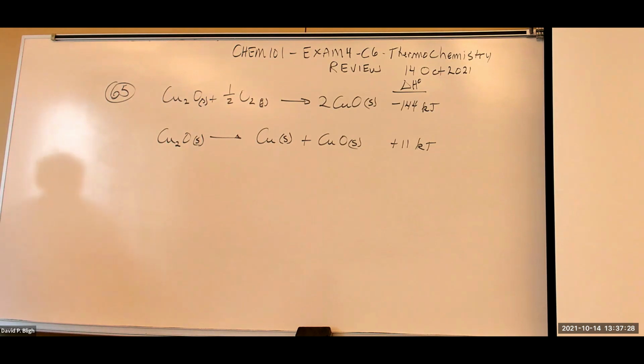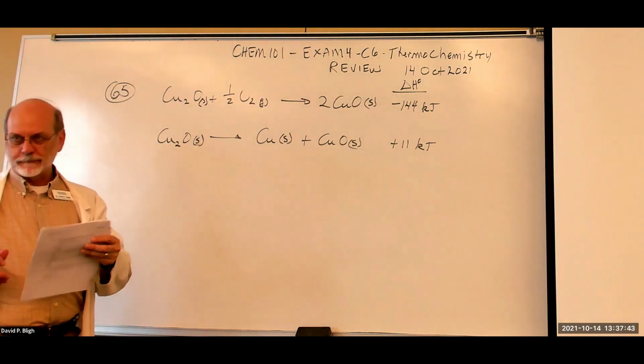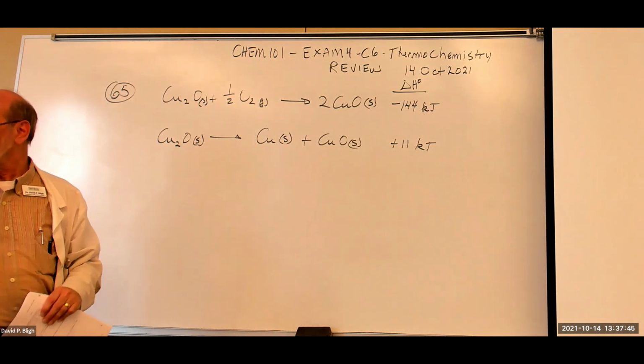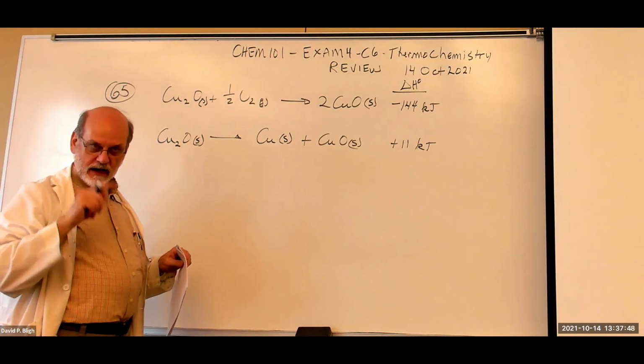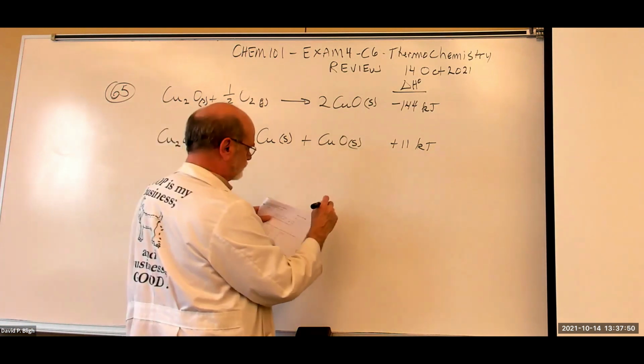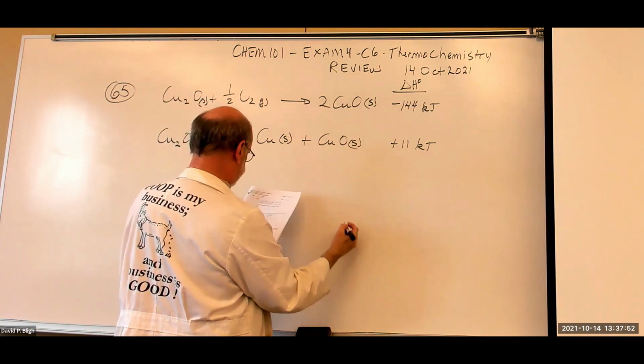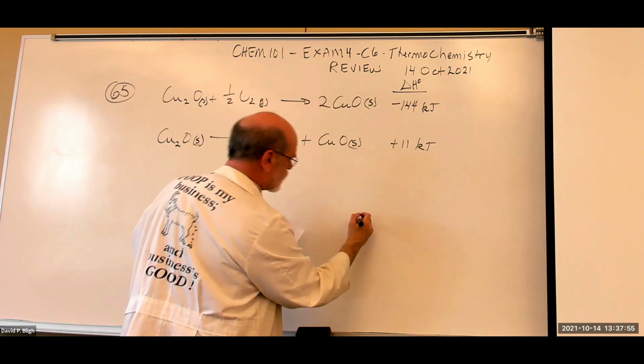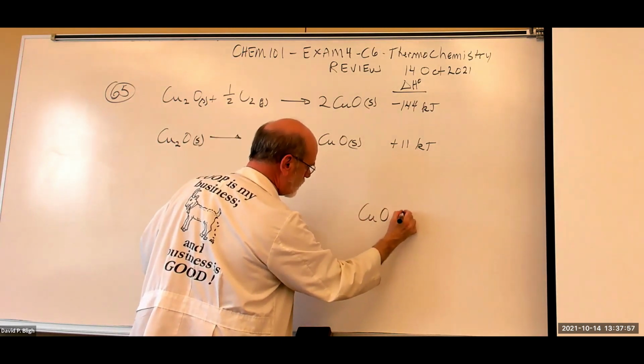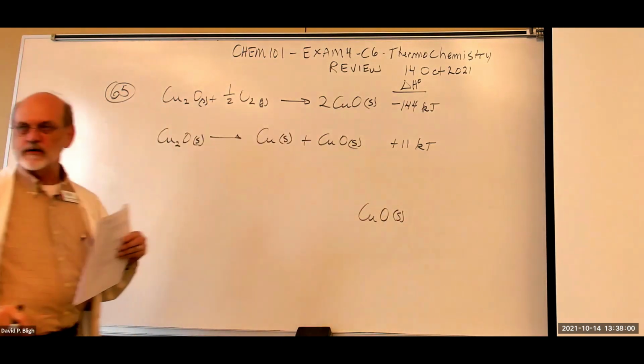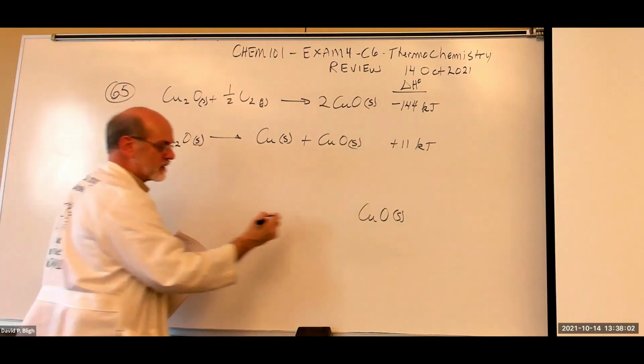Right? So the first thing you have to do is you can't use Hess's law until you know what the target equation is. And they just told you what you need to do, standard enthalpy of formation. So remember how to write the equation for a formation of a compound. Okay? You write 1 mole of the compound first, and then you work backwards.